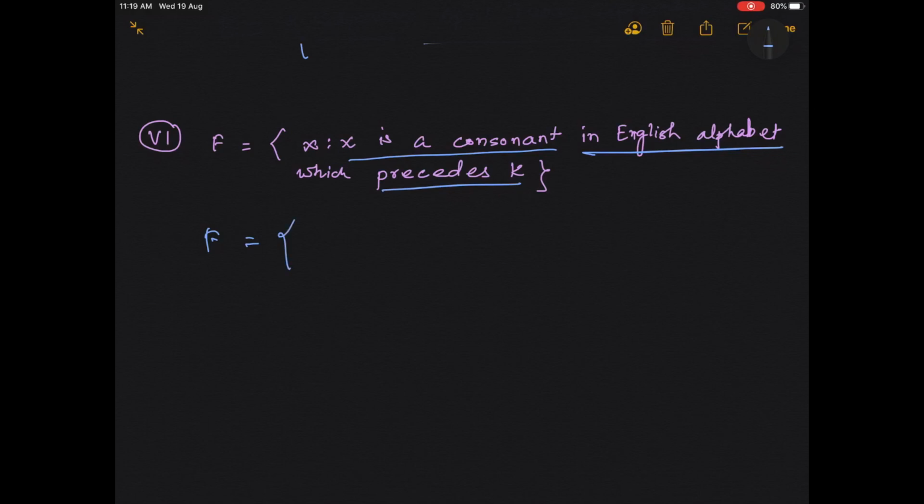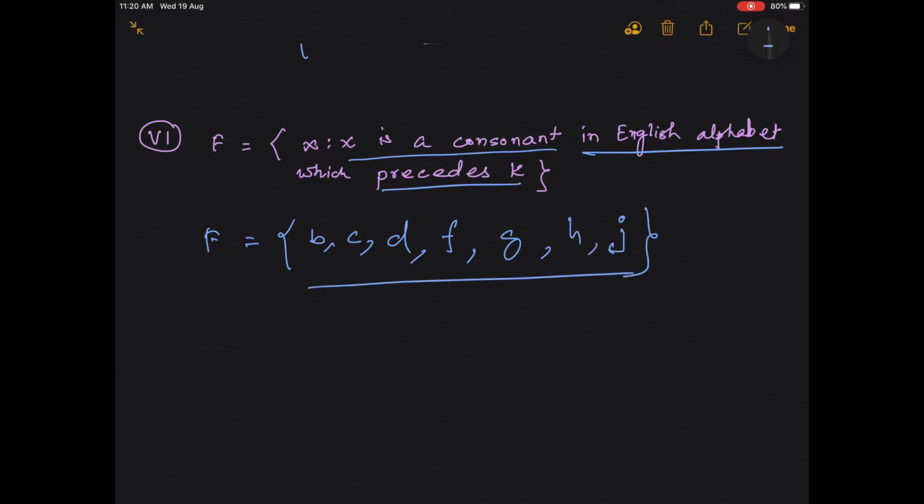So we get B, C, D, not E, because E is a vowel and only consonants are included here. F, G, H, I is also a vowel, so J. So these are the consonants before K. That's how we can solve question number 5.